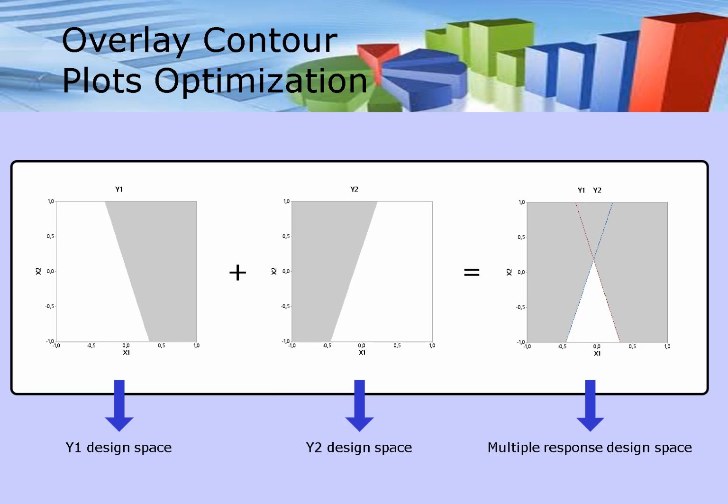The overlapped contour plot defines the white region in which both epsilon 1 and epsilon 2 responses comply with the desired values. In other words, the white region is the design space region.